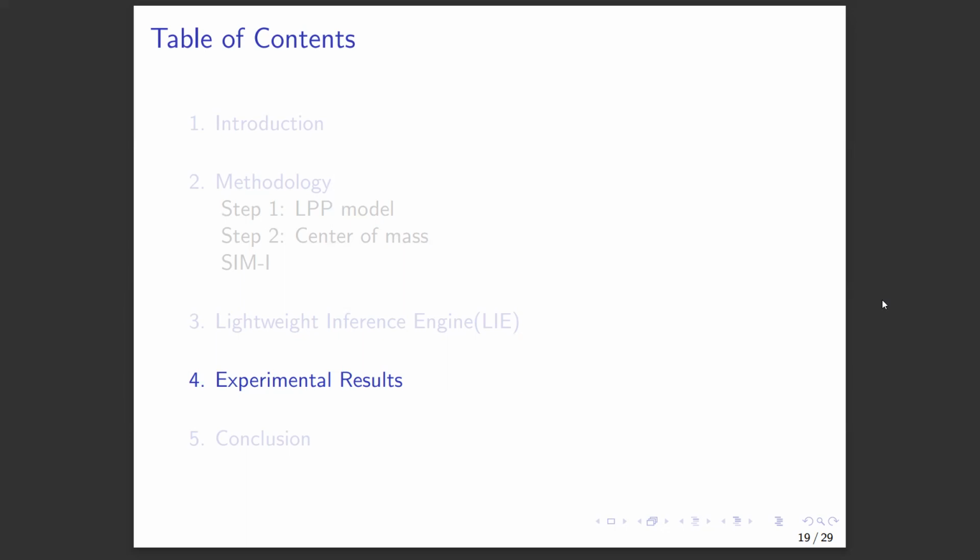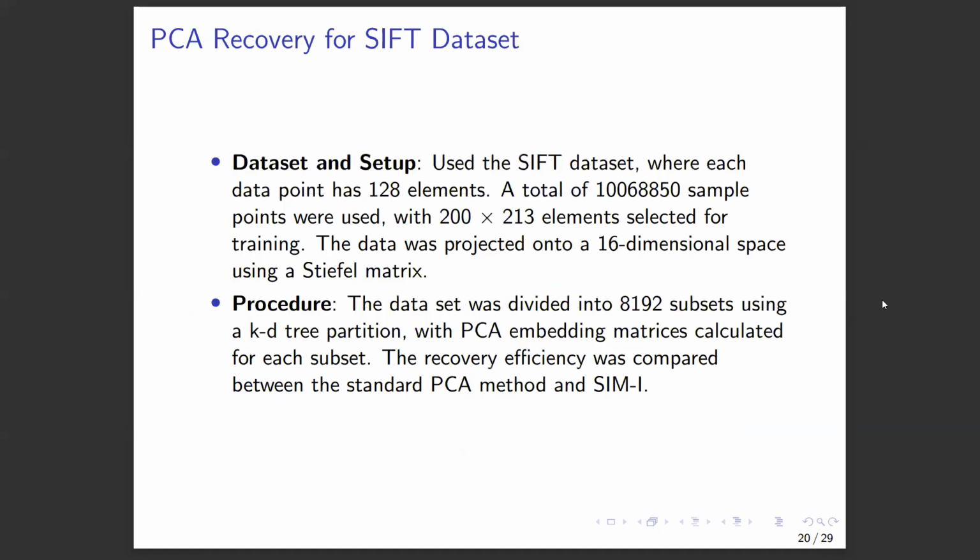Moving on to the experiment part of our presentation, we conducted 3 different experiments using the LIE model we previously developed. So our first experiment involved PCA recovery for the SIFT dataset. We used the SIFT dataset where each data point has 128 elements.